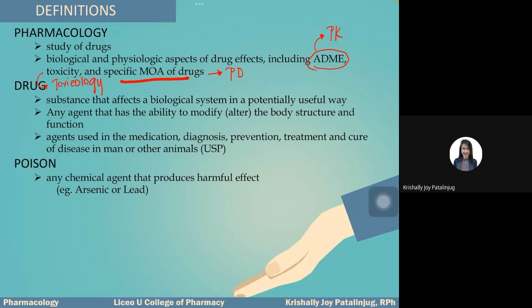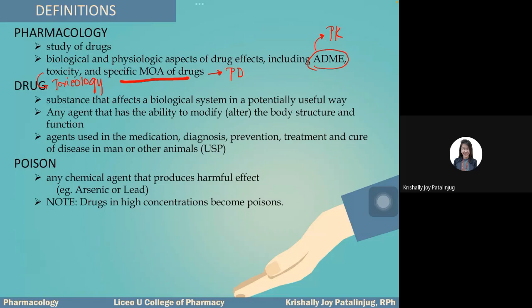So we'll just have a fast-paced discussion under this. It's a definition only. Now take note that any drugs could also become poison once it is administered or taken at higher concentration. Upon overdosage of the drug, that could cause harmful effect.